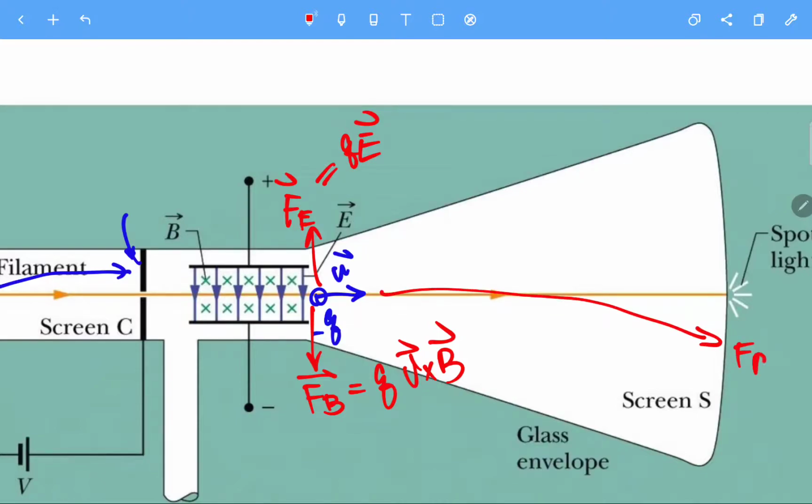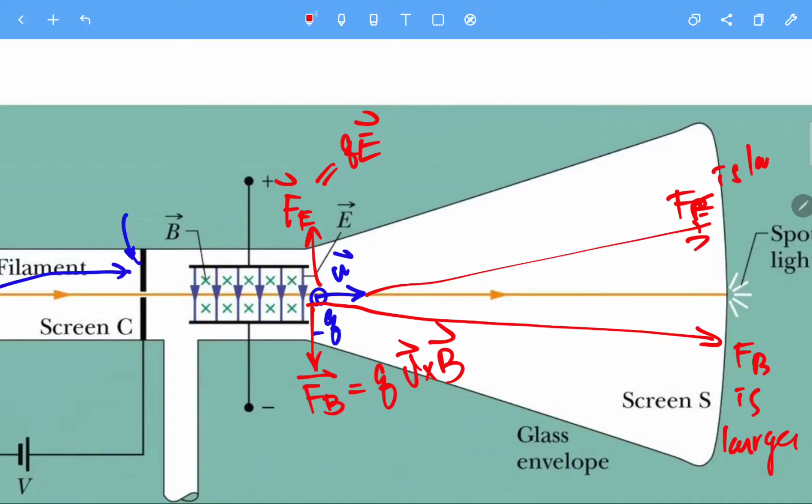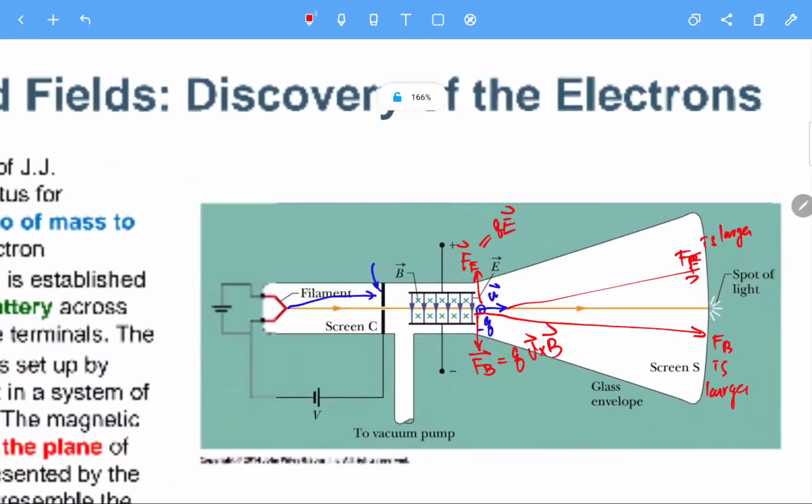If FE is larger, then it will bend the other way, like there.